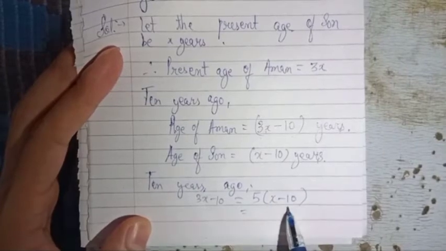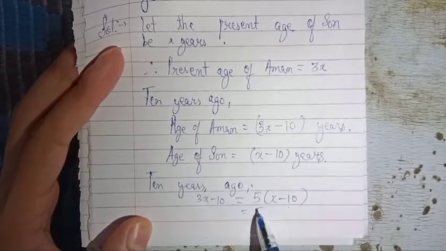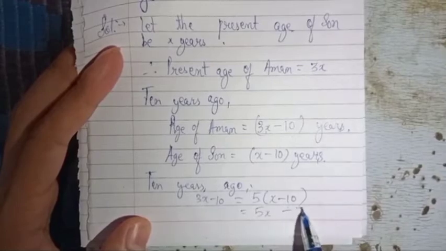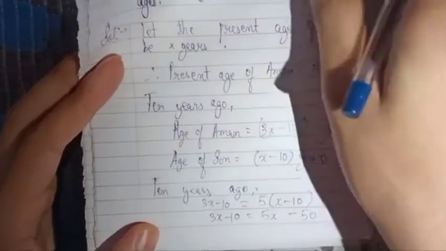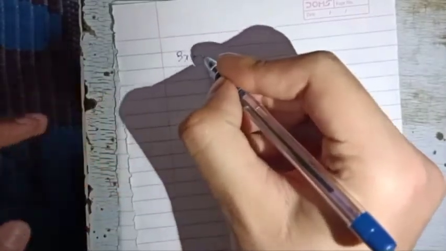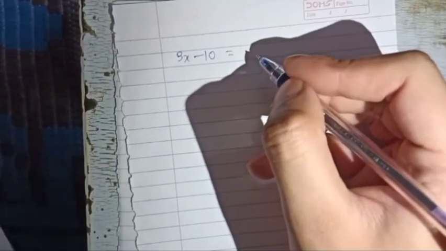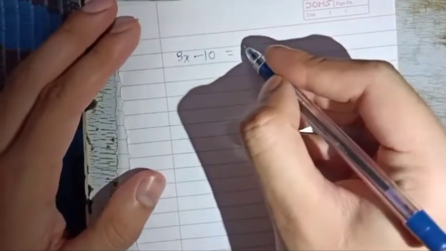Now 5 will multiply inside the bracket. So 5 into x, 5x, 5 multiply 10, 50. So the equation we have, 3x minus 10 is equal to 5x minus 50.